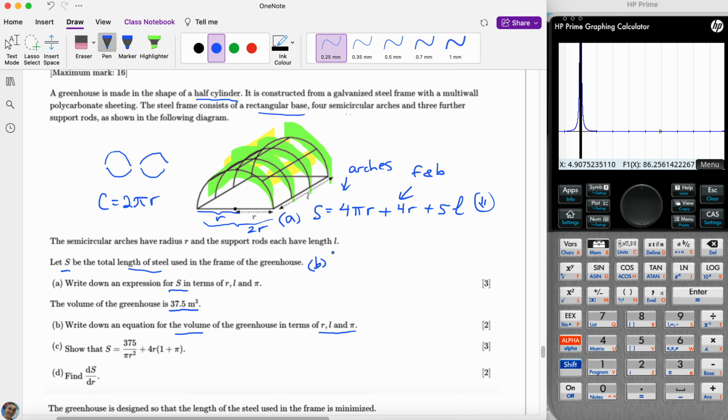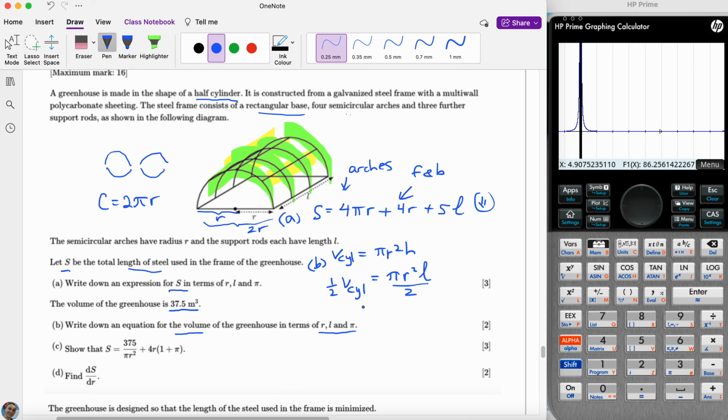If you look at the volume of a cylinder in your formula booklet, it's pi r squared h, because this is your cross section multiplied by how high it is. We have half a cylinder, and instead of h, I'm just going to use L. So we're going to have pi r squared L over 2.